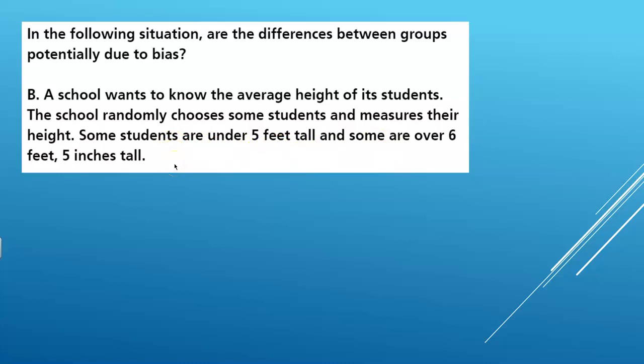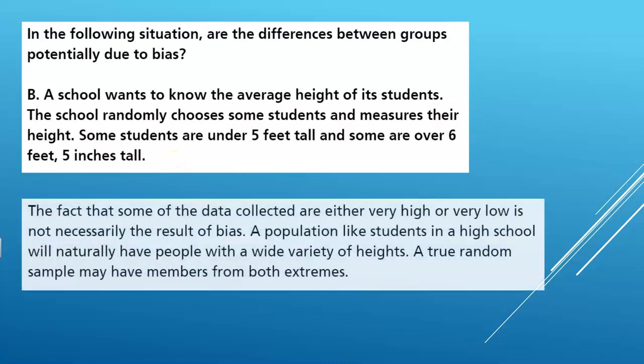What do you think? The fact that some of the data collected are either very high or very low is not necessarily the result of bias. A population like students in a high school will naturally have people with a wide variety of heights. A true random sample may have members from both extremes. So this isn't necessarily due to bias.